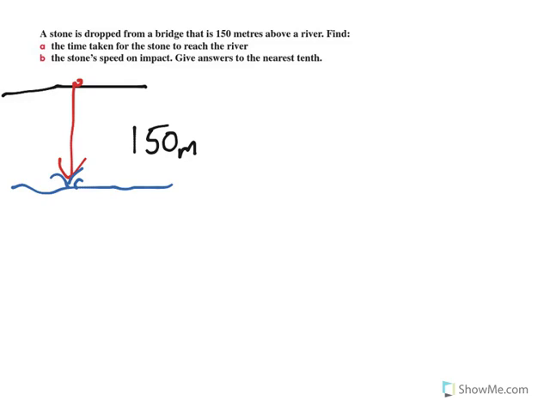Okay, so there's a couple of things. The distance that it travels is 150 metres. The acceleration is the acceleration due to gravity. Now, there is a bit of an issue because we've got two directions, up and down. The way I like to do these questions is to always take up as being the positive direction.